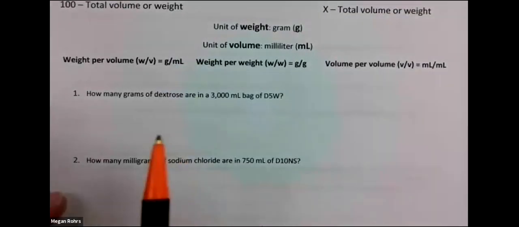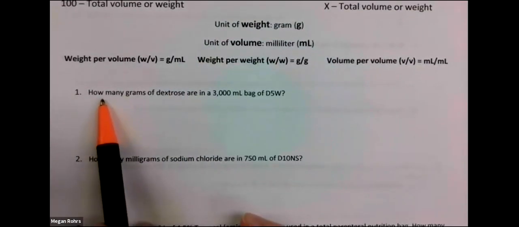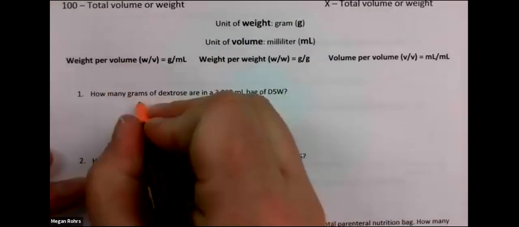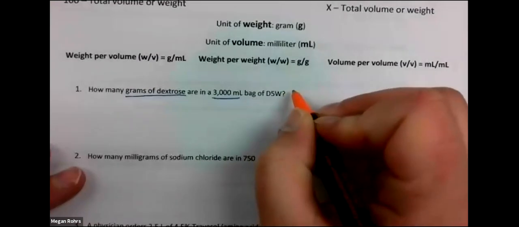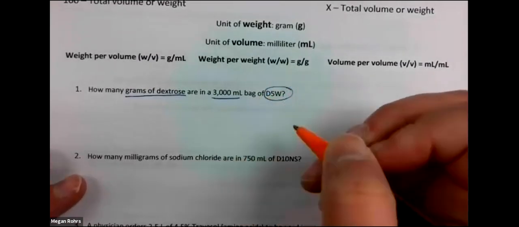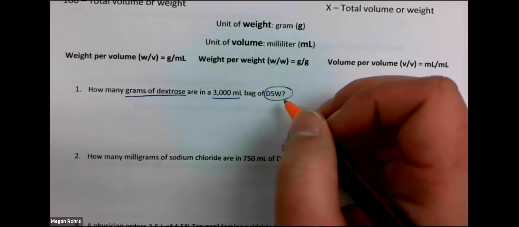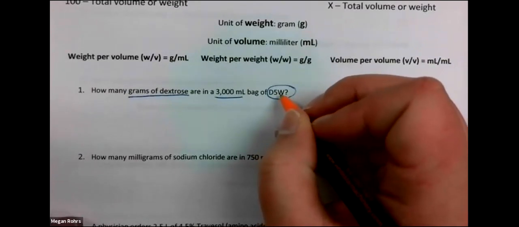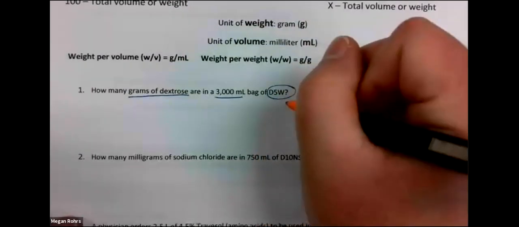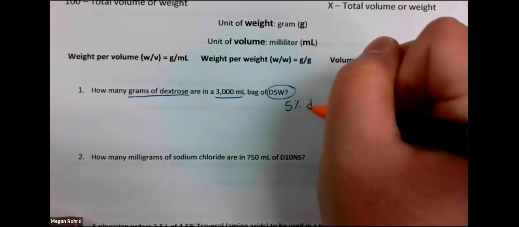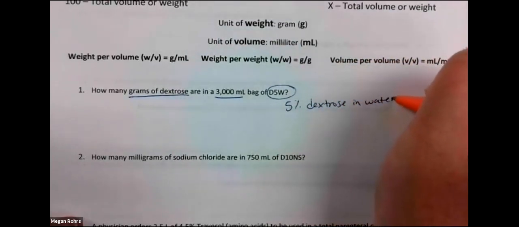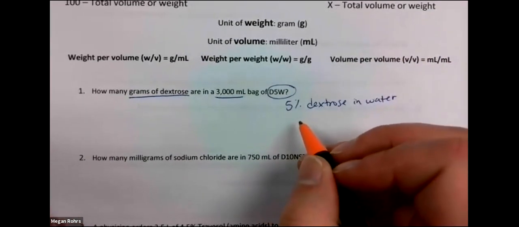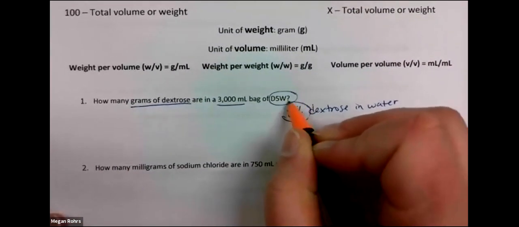So let's take a look at number 1 here. It says how many grams of dextrose are in a 3,000 ml bag of D5W. So we have to understand our abbreviations first to understand what this means. So this means that there are 5% dextrose in water. That is our solution, okay? So I know my percentage strength.